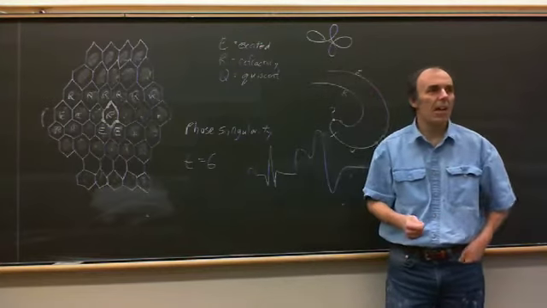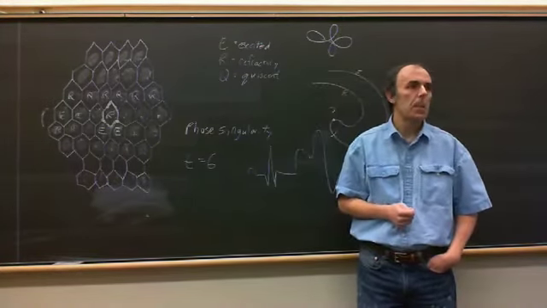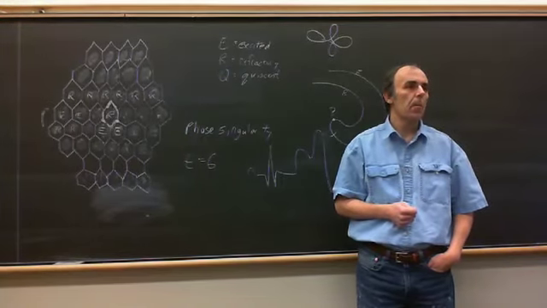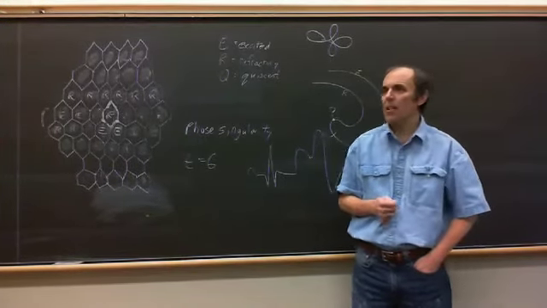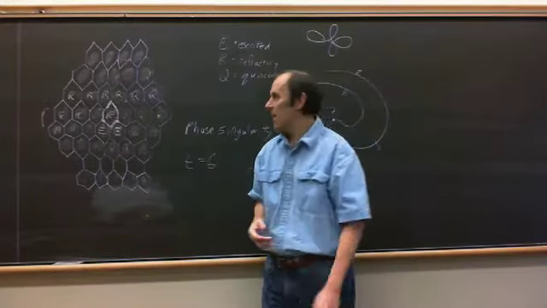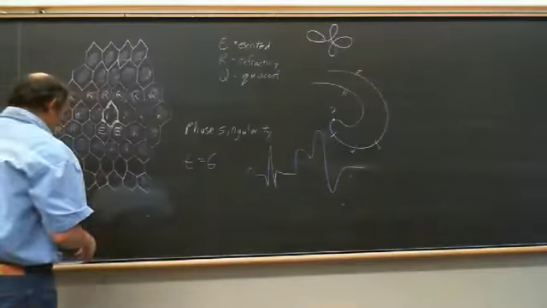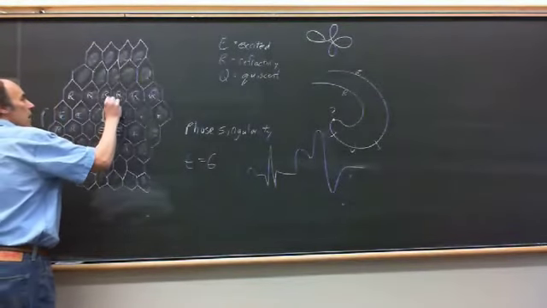Any questions on that? Yeah? Does the SA node keep a rhythm the same way, or is it totally different? No, the SA node does not work by reentry. The SA node is a fifth rule. The SA node says that everywhere in your heart obeys the rules we were saying, except for this special node.